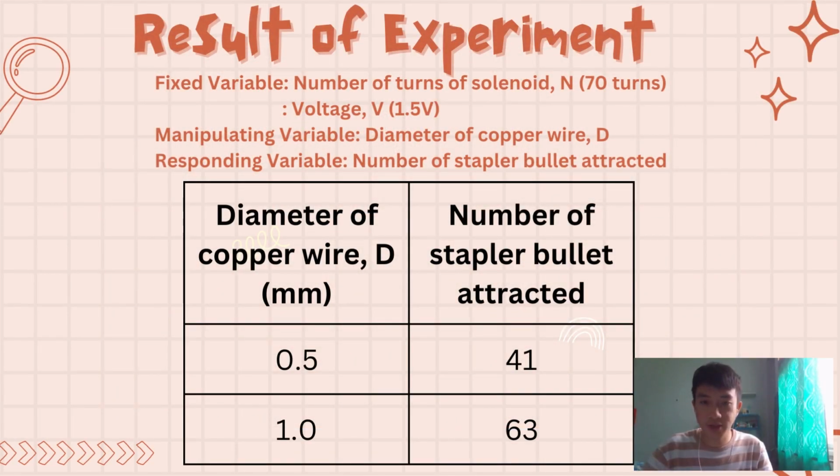So this is the result we get from the above experiment. We can see that when the diameter of copper wire decreases, the number of staple bullets attracted also becomes less. So it shows that if you have a large diameter of copper wire, you will produce a larger electromagnetic field, so you can attract more staple bullets.